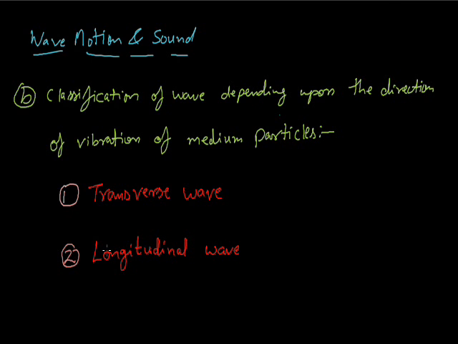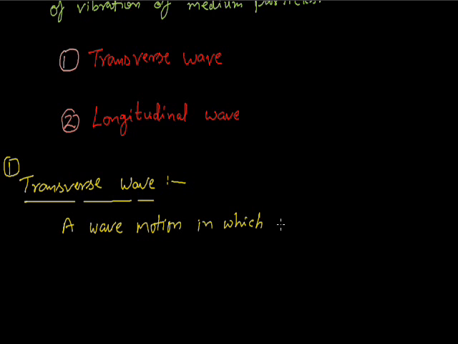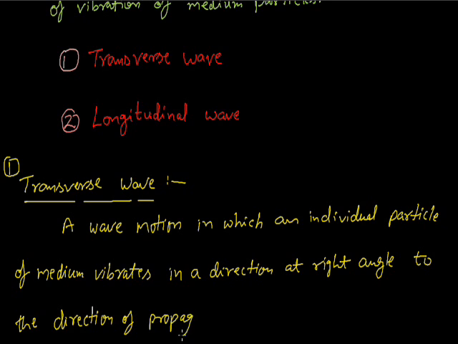Now we'll discuss in detail transverse waves. A transverse wave is a wave motion in which an individual particle of the medium vibrates in a direction at right angle to the direction of propagation of the wave, and this is called transverse wave motion.